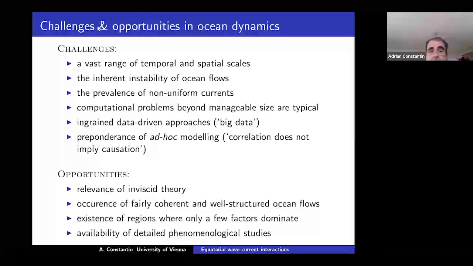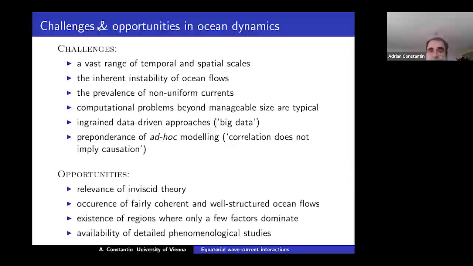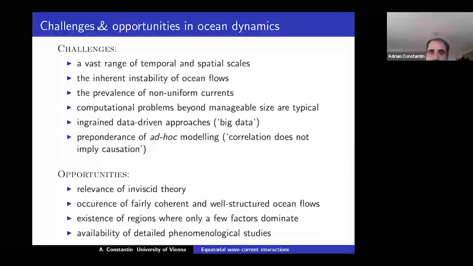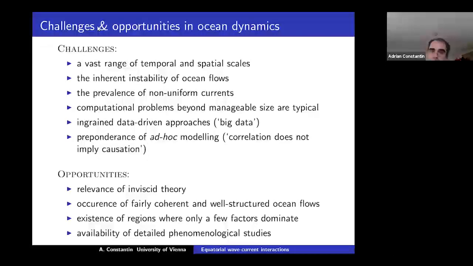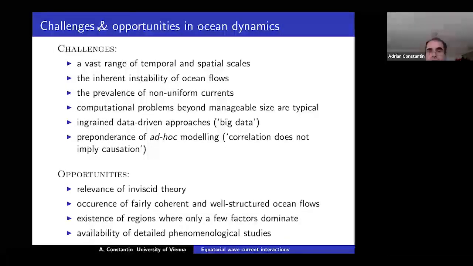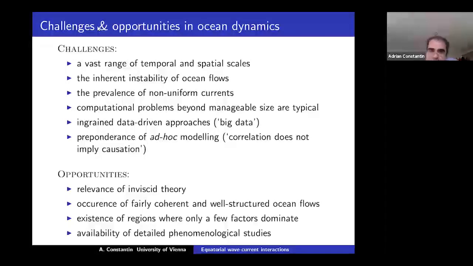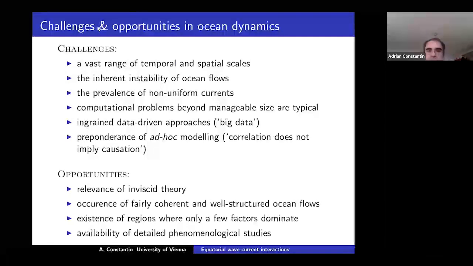But there are a lot of opportunities in the sense that there are certain simplifications and certain regimes where there is a well-defined structure where you can hope to do nonlinear mathematics. So first of all, inviscid theory is important. So that's good. It's one simplification.